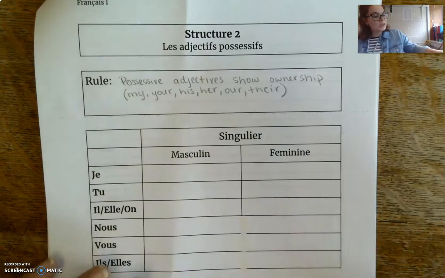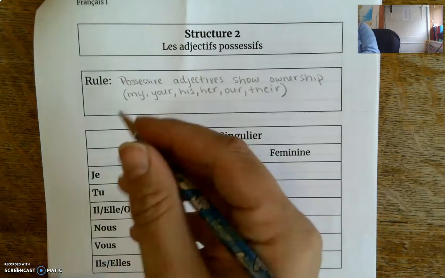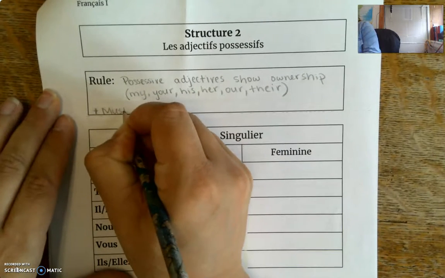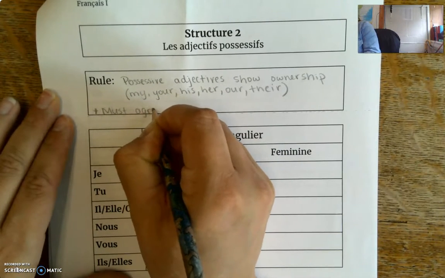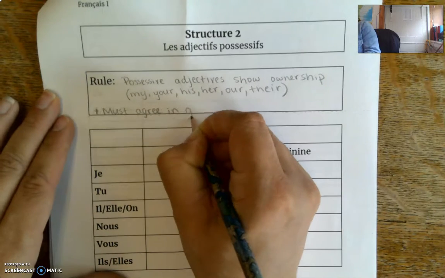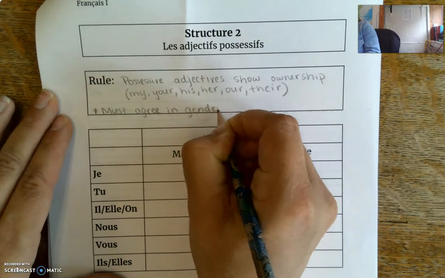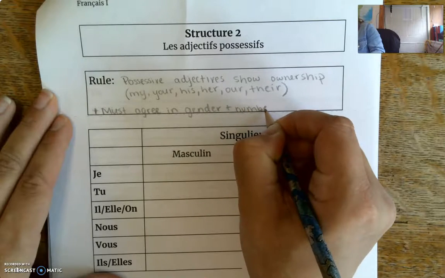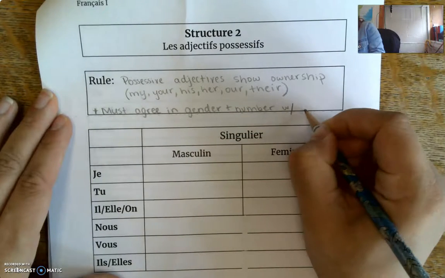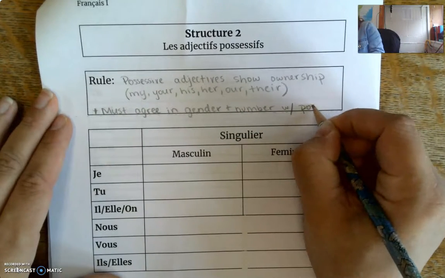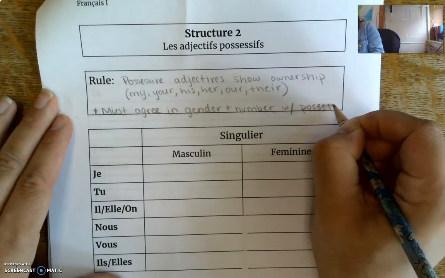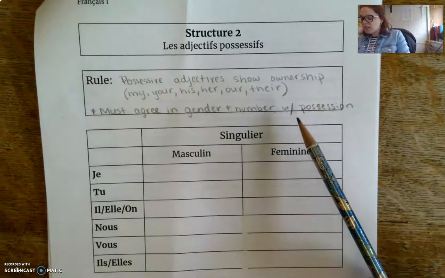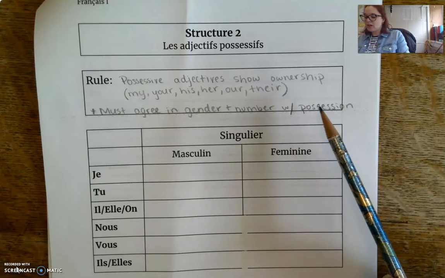So I'm going to put that right down here, that they must agree in gender and number with the possession. So the thing that's owned, we're going to look at the thing you own to decide the gender and number.